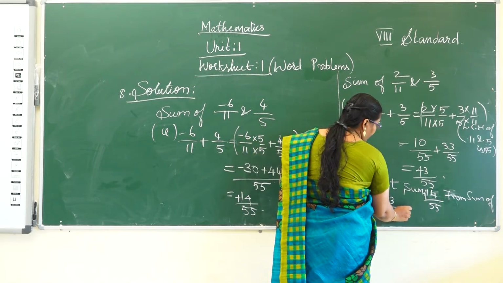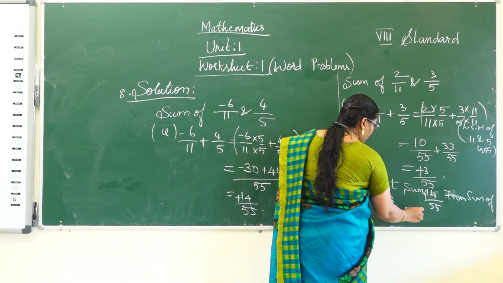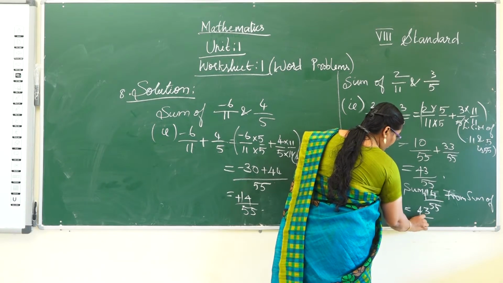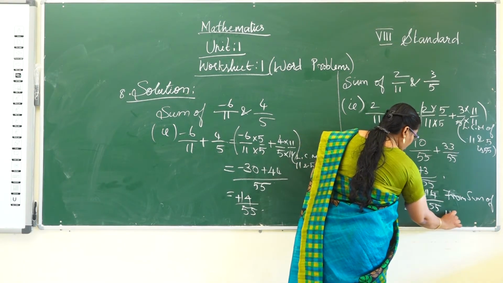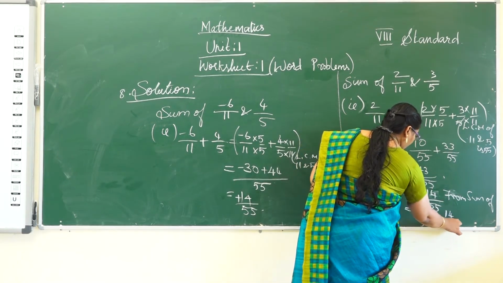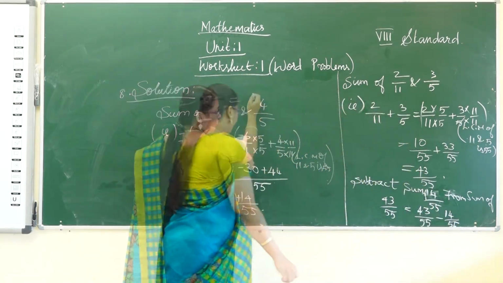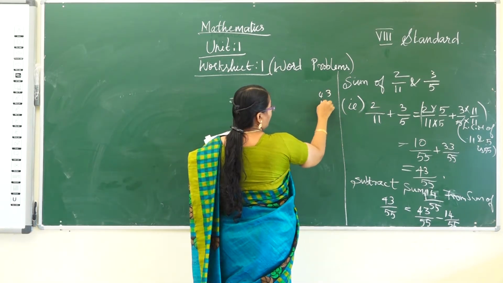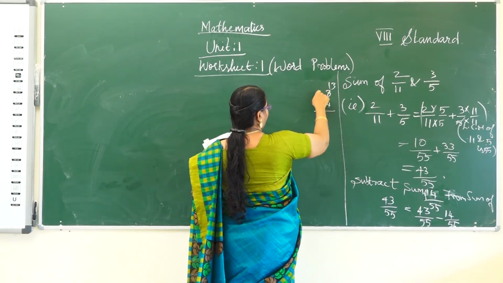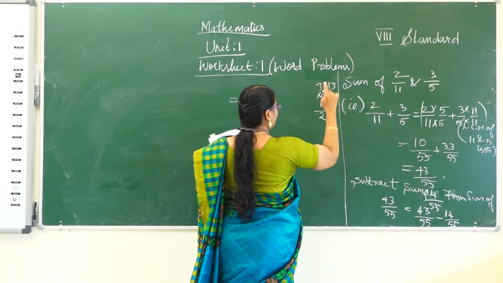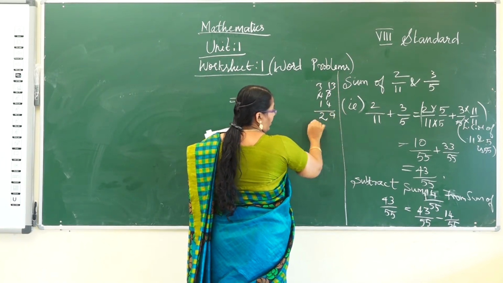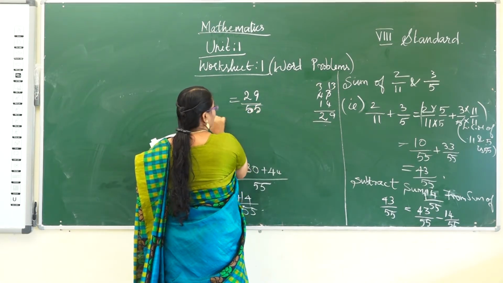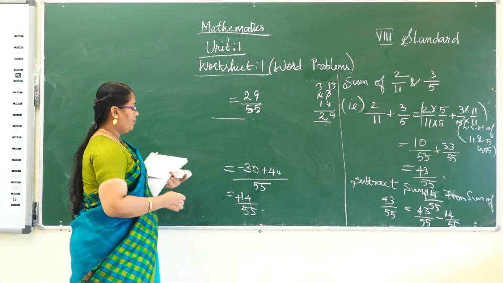That is 43 by 55 minus 14 by 55. Okay, 43 minus 14, what is the value? 14 from 43: 13, 3, so 2, 30, so 9, 29 by 55. That's it.